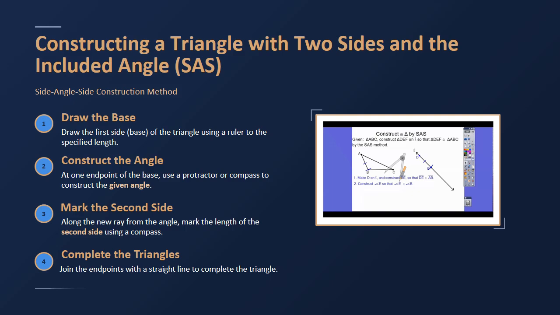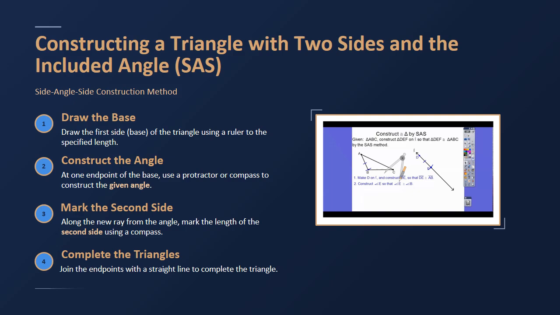How to construct a triangle? Side-angle-side construction method. Draw the base: draw the first side, the base of the triangle, using a ruler to the given length. Second, construct the angle.